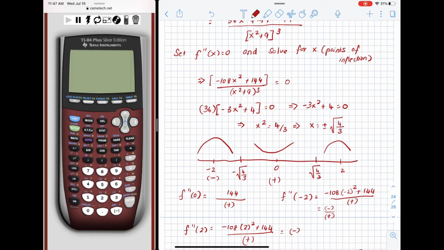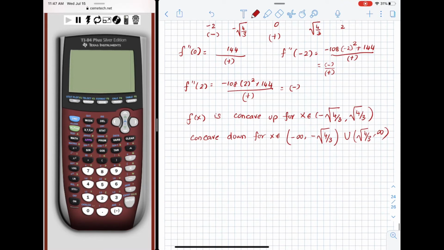So I'm thinking perhaps the graph has an asymptote at y equals 1.